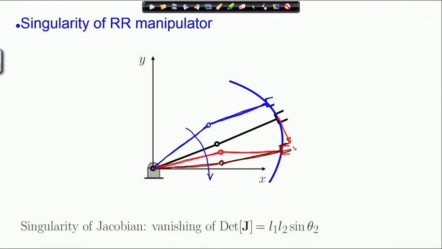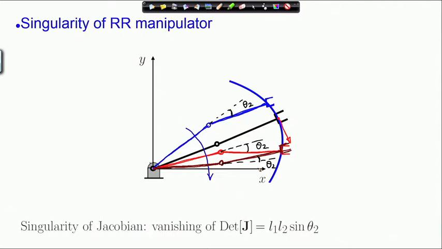So, this is also a possibility that the angle theta 2, here it was negative, goes to 0 and then again goes to negative, or theta 2 was negative, goes to 0 and flips to the positive side in the brown configuration, as you can see here.